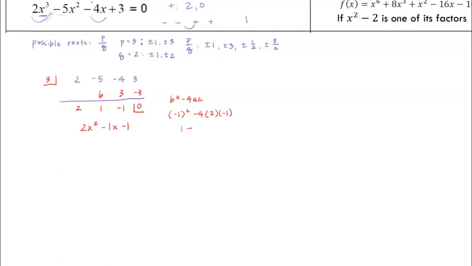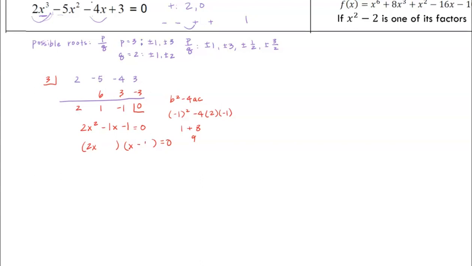So 1 plus 8, yep, it's going to be factorable. So I can set this equal to 0. And you can continue doing the synthetic division with the possible roots that you started off with, if you wanted to. But since factoring is easier for me, I'm going to do that.